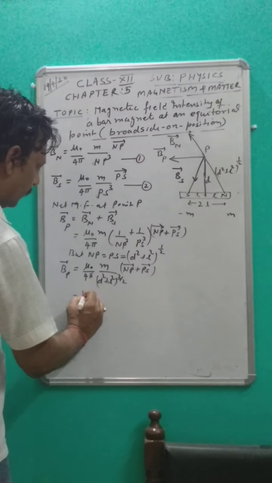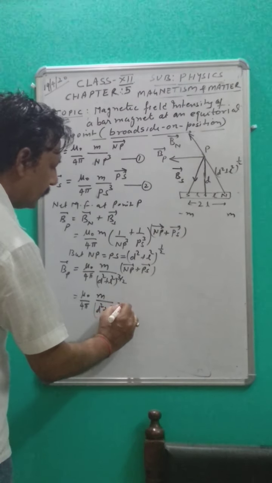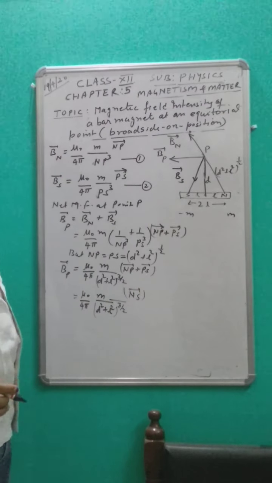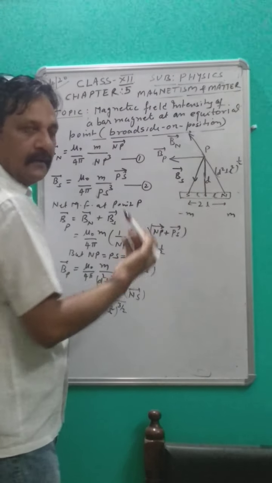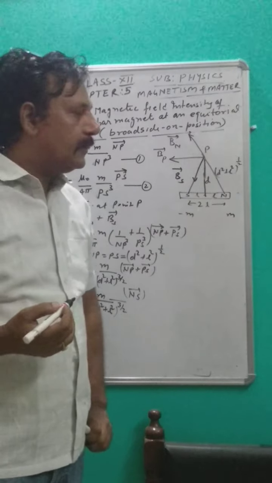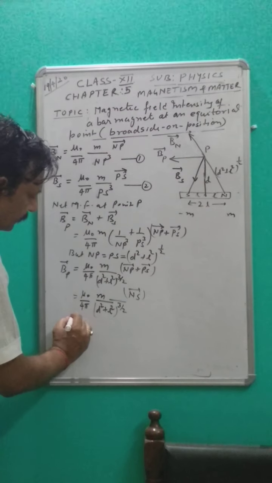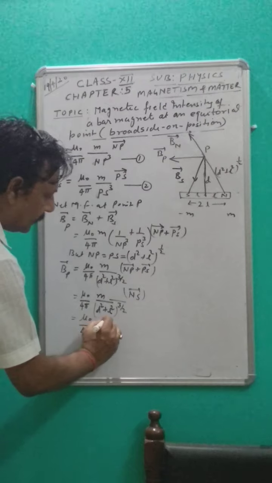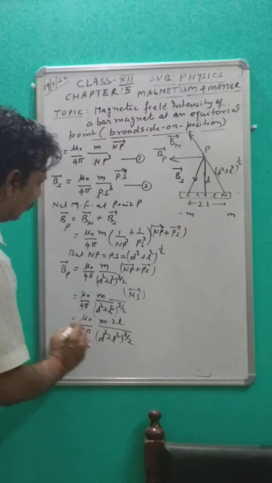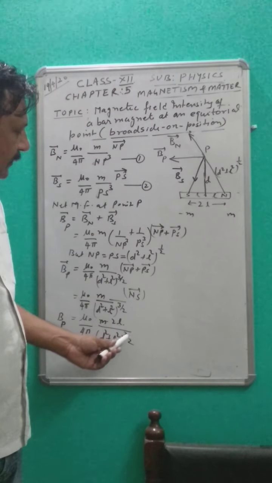So Bp is equal to mu naught upon 4 pi, m into 2l upon d square plus l square to the power 3 by 2.